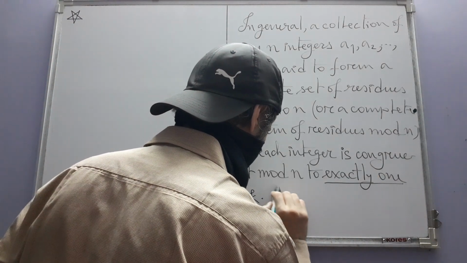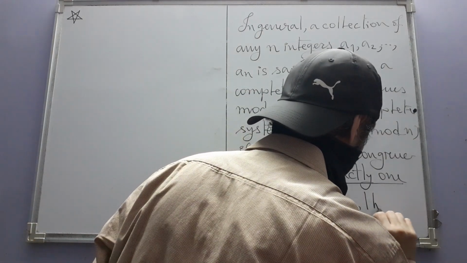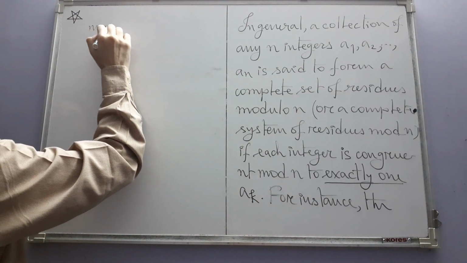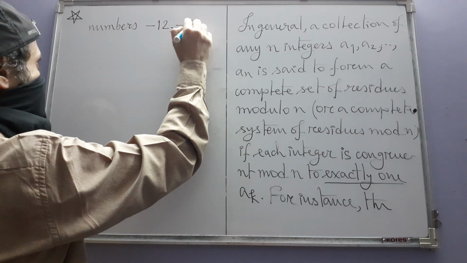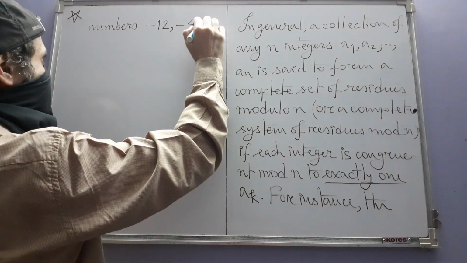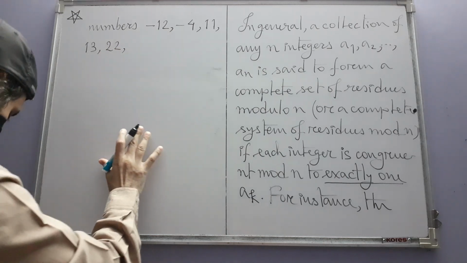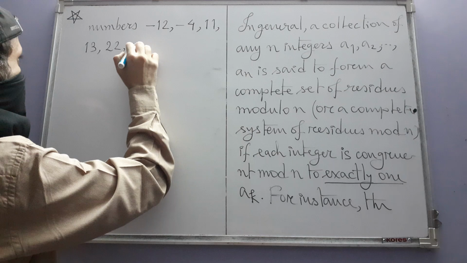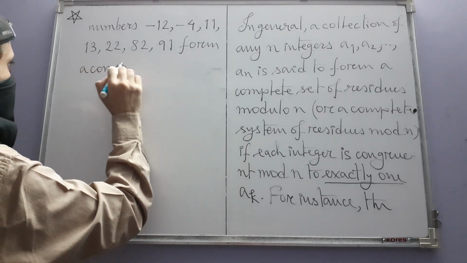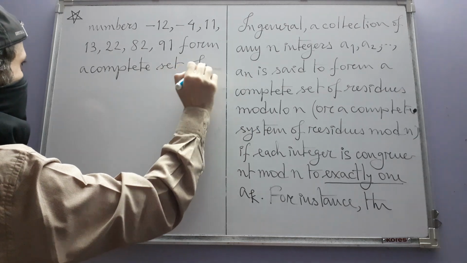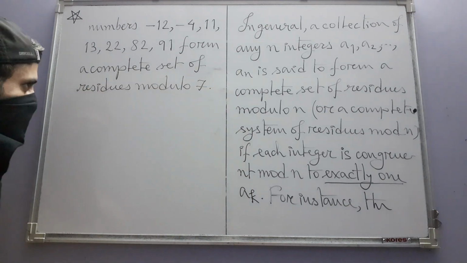I can continue from here itself. For instance, the numbers, so these are some numbers: -12, -4, 11, 13, 22, and then two more, 82 and 91, form a complete set of residues modulo 7.